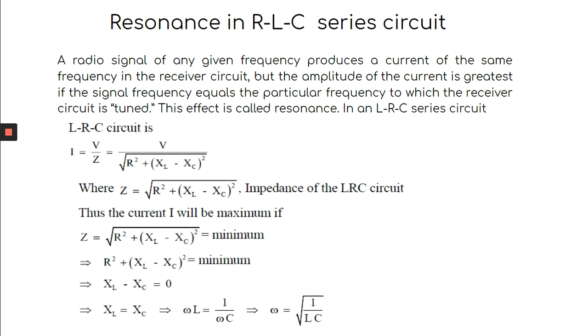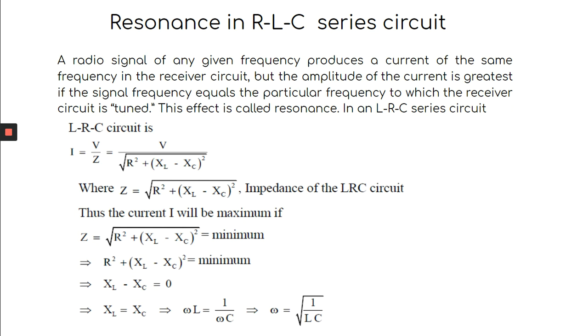When you cannot hear the audio properly in a radio, what do you say? The frequency is not properly tuned. Then you try to tune it, saying this station is available at that frequency, and that one is available at another frequency. Whenever you get resonance, accordingly you get the voice.